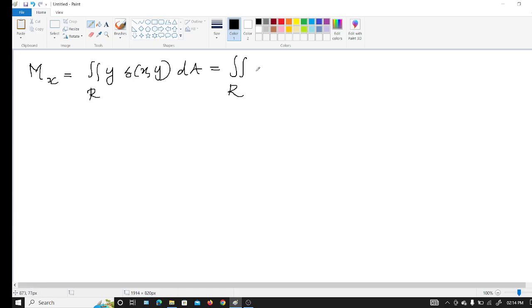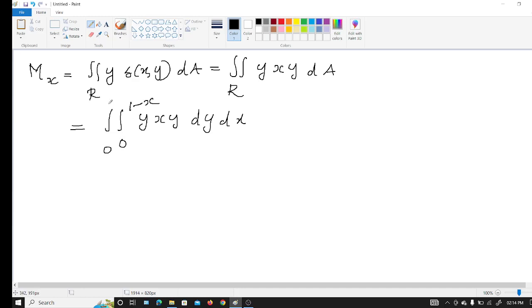So this is double integral over R y into xy dA. As in the previous problem, here also we can take y xy dy dx, and here y varies from 0 to 1 minus x, x varies from 0 to 1. Now you can integrate. Then after integration, the answer will be 1 by 60 as in the previous case.